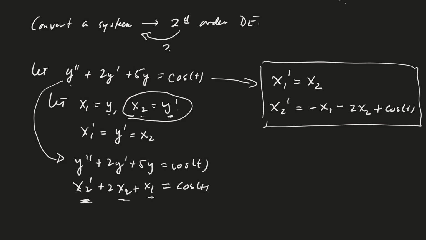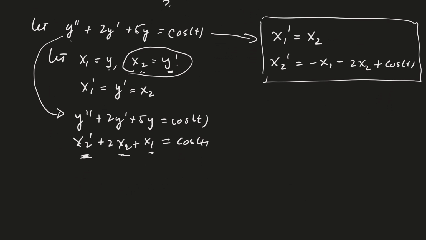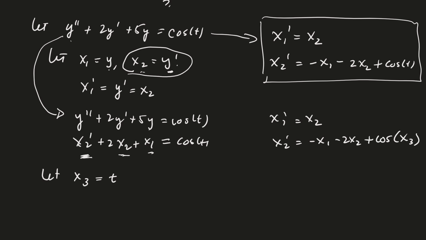Now notice that I could have been tricky. I could have replaced the t with another variable. So in fact, I could have let x3 be equal to t, and then my differential equations would be what? x1 prime equals x2, x2 prime equals minus x1 minus 2x2 plus cosine of x3, and then x3 prime would be 1.